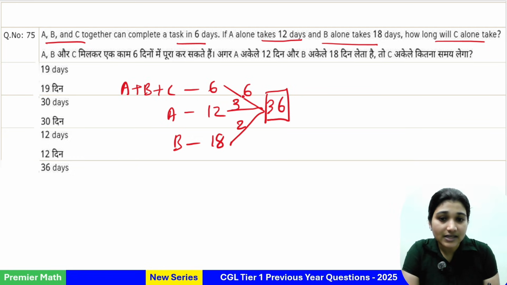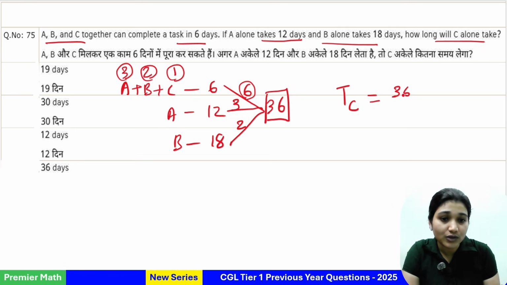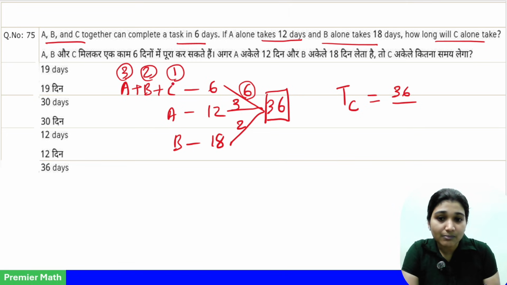A plus B plus C efficiency is 6 units, out of which A's efficiency is 3 units and B's efficiency is 2 units. Now total ABC efficiency 6 means C's efficiency should be 1 unit. Now C completes 1 unit of work in 1 day, then 36 units are completed in 36 days. Option 4 is your answer.